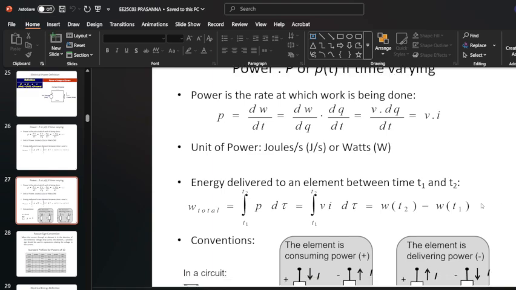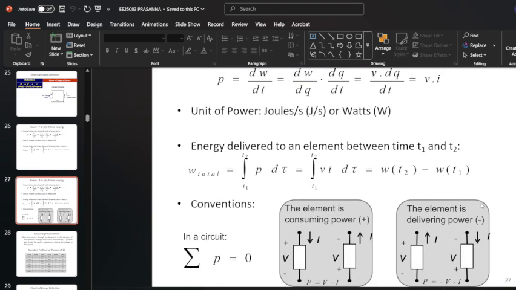Here the diagram is also important. In a total circuit, the summation of all the power must become zero. It's an interesting factor according to the energy conservation law. How much energy is delivered, the same amount of energy is consumed by the whole circuit.